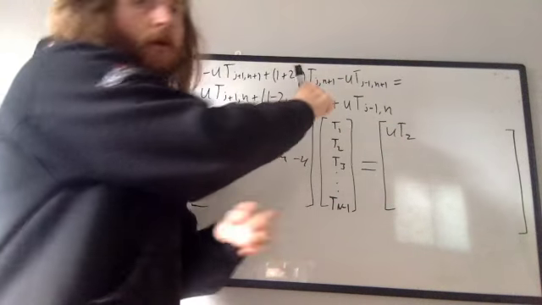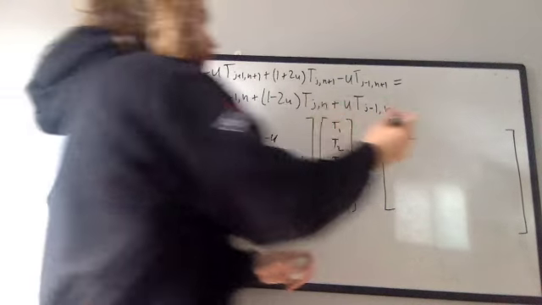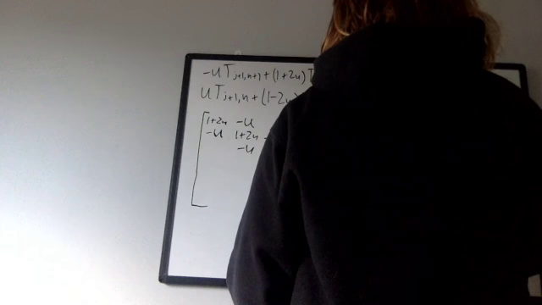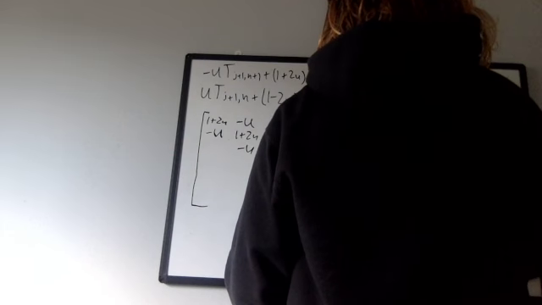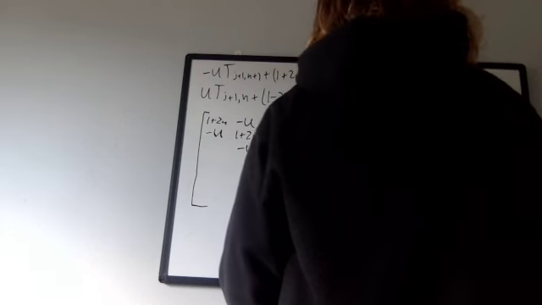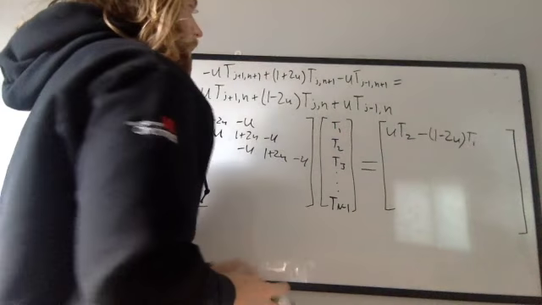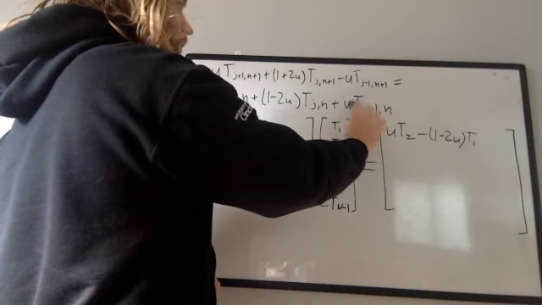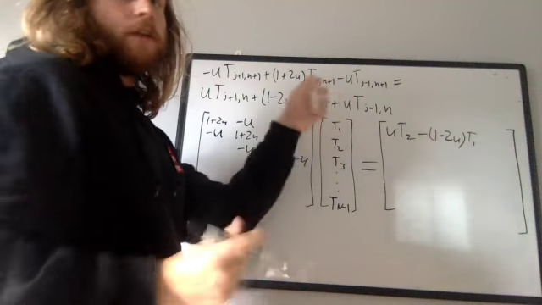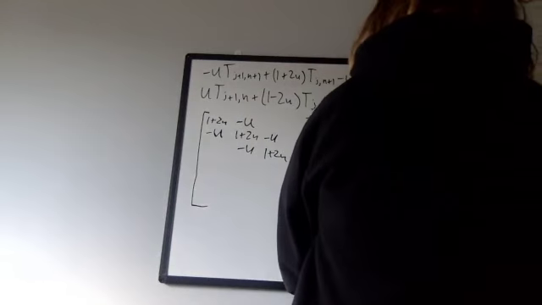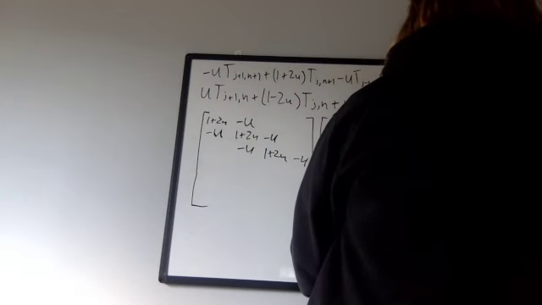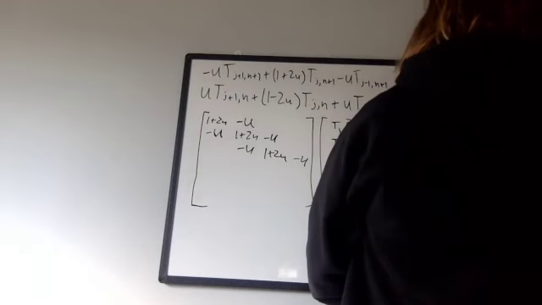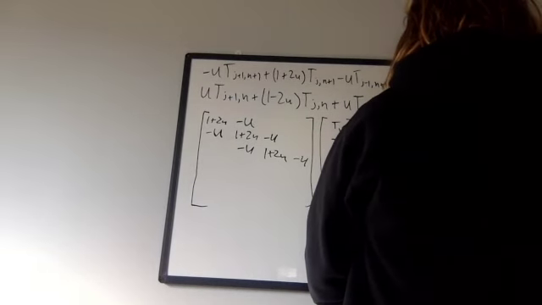Then we plug it in for here. This is going to be 1 minus 2u times T1, because the position is remaining the same. And then over here we subtract 1. That gives us T0, so this is going to be UT0. This is just the temperature of the initial position, the leftmost position where we have the constant temperature, UT0.